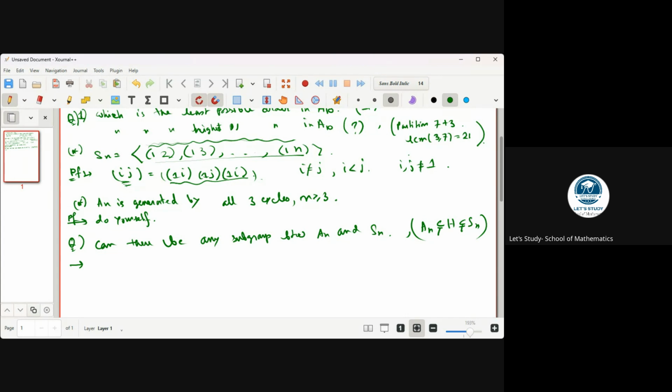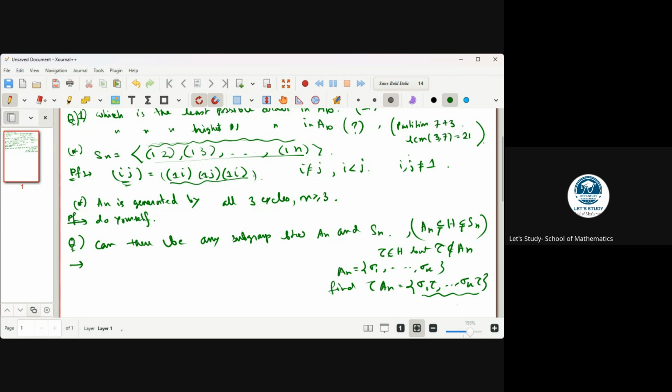So you can also tell from that: if there exists a tau, let's say, and tau belongs to H but tau does not belong to A_n, then let A_n equal sigma_1 up to sigma_k. Then just multiply it with tau. Just find tau times A_n, just like this: sigma_1 tau, up to sigma_k tau. And these will be distinct and these will be odd permutations.